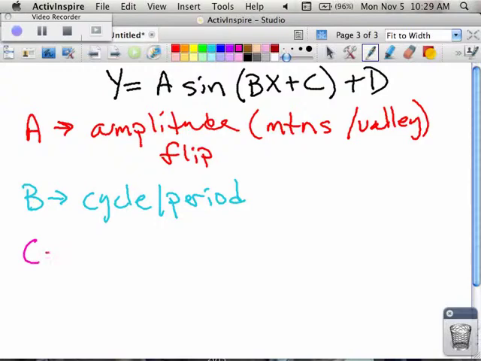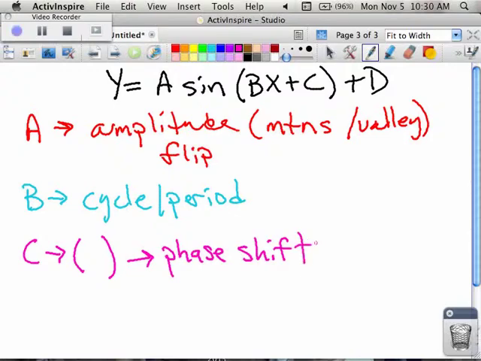The C and the parentheses together affect something called your phase shift. That means how far you went to the right or to the left. So if you set that parentheses equal to 0, you will find out which way your graph moved and how much.